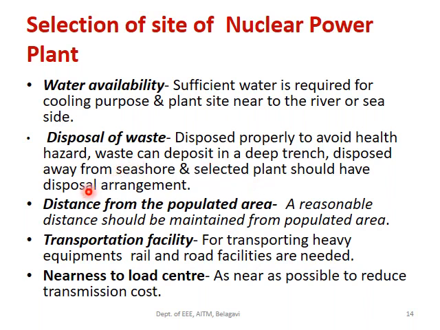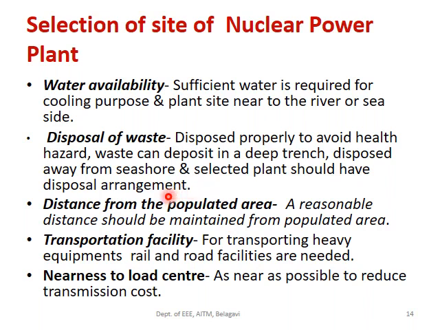Then the next point is the distance from populated areas. A reasonable distance should be maintained from the populated area, because as we are already aware, radioactive material can be very hazardous to the environment as well as to human beings.